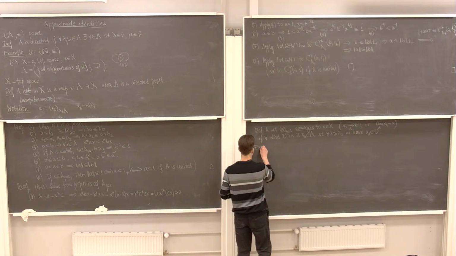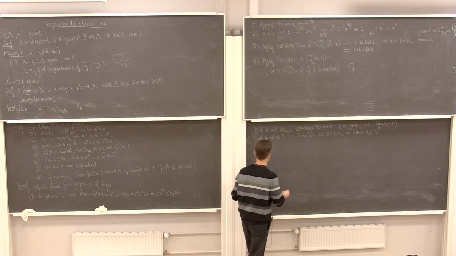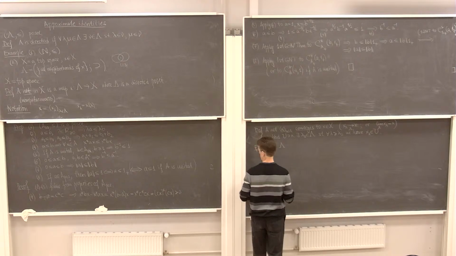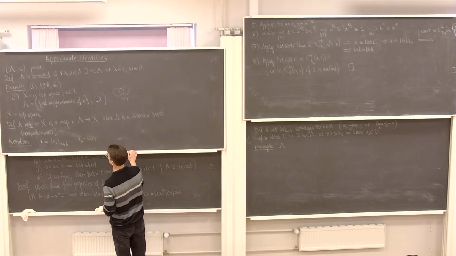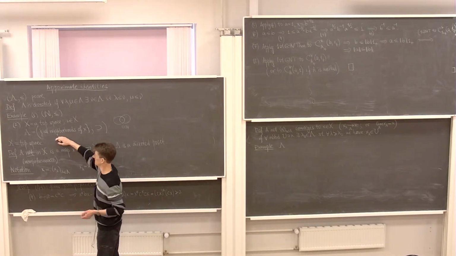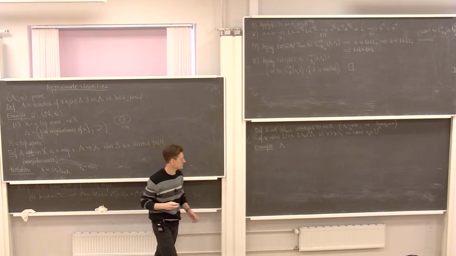And here's a typical example. Let lambda be the partially ordered set from our example 2, that is, the collection of all neighborhoods of a fixed point, little x.